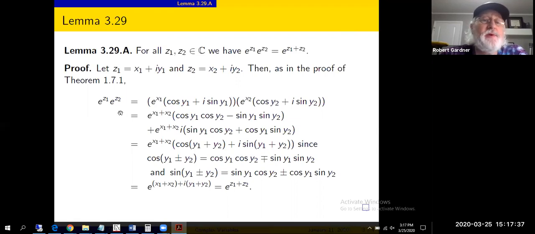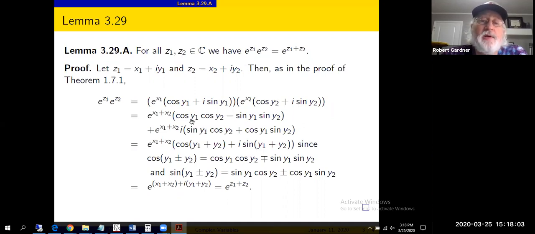Now, if we take the product, e to the z1 times e to the z2, we've got the definition of the exponential in terms of real and imaginary parts, so I'll write that out. We're sort of isolating real and imaginary in a sense. We'll do our FOIL thing and distribute, and that gives us the expression as given here.